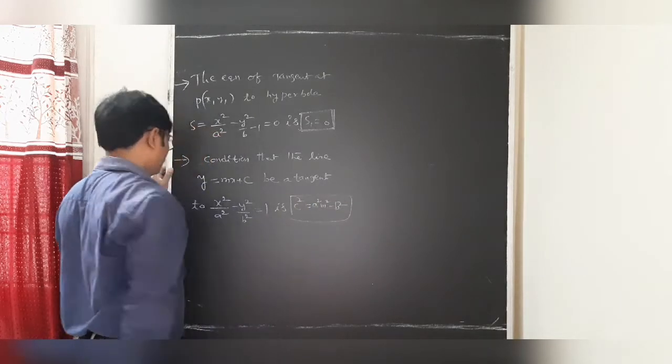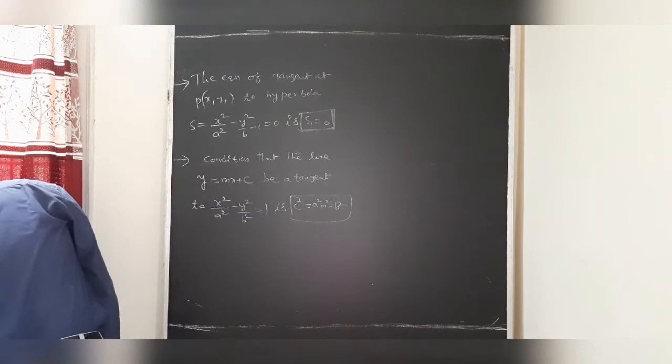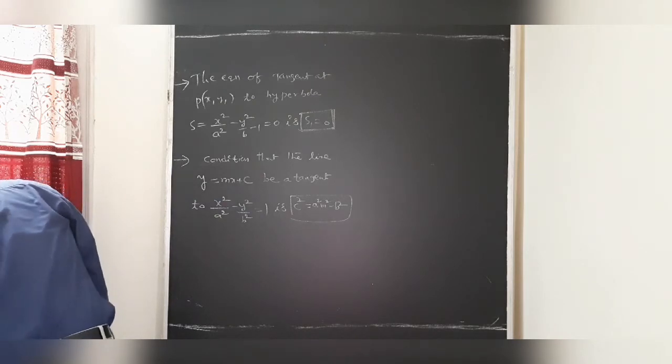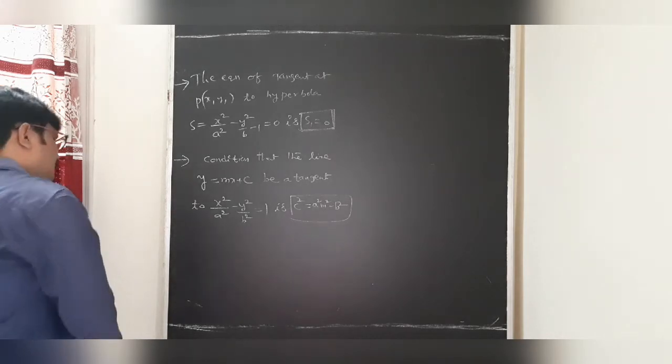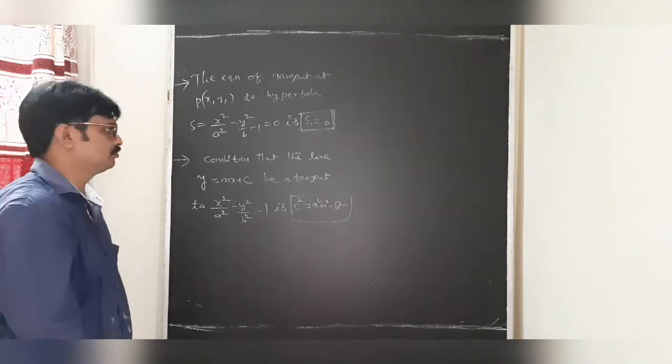What is it, students? c square equal to a square m square minus b square. This is the condition for the line.